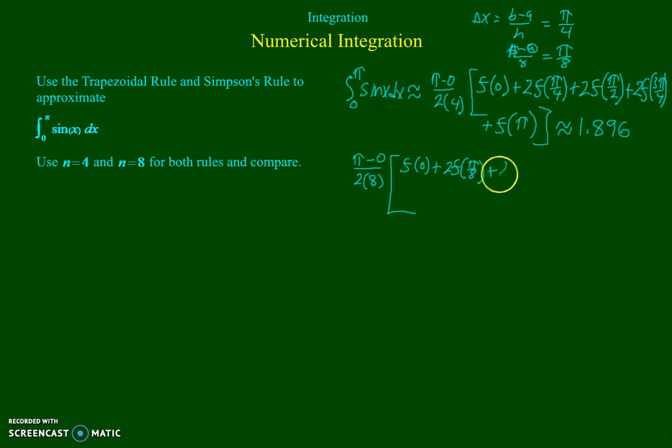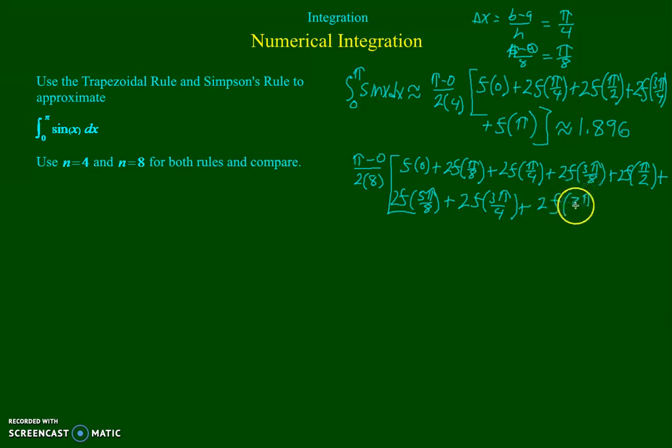And the next term is 2 times f of 2 pi over 8, or pi over 4, plus 2 times f of 3 pi over 8, plus 2 times f of 4 pi over 8, or pi over 2, plus 2f of 5 pi over 8, plus 2 times f of 6 pi over 8, or 3 pi over 4, plus 2 times f of 7 pi over 8.